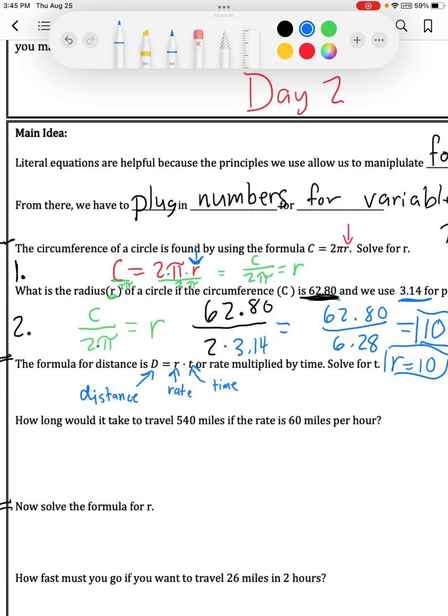We would like to solve for t, which means we need to take our equation and get t all by itself. In this particular case, what is keeping the t from being by itself? It's the r, so we go ahead and divide by r, giving us t is equal to d divided by r.